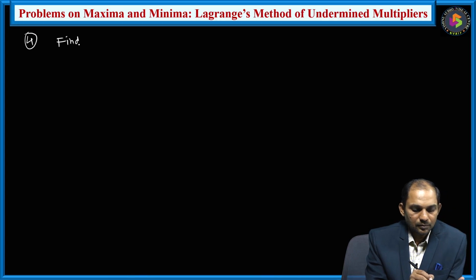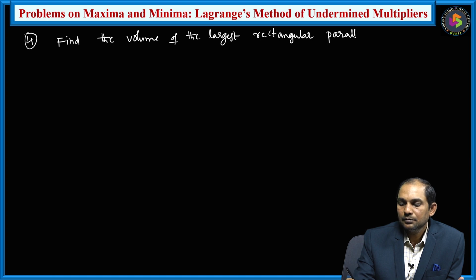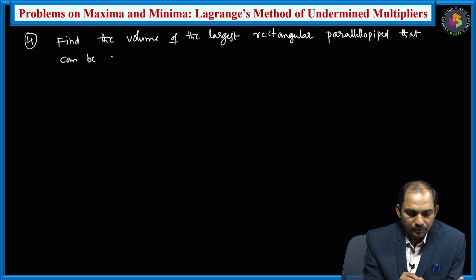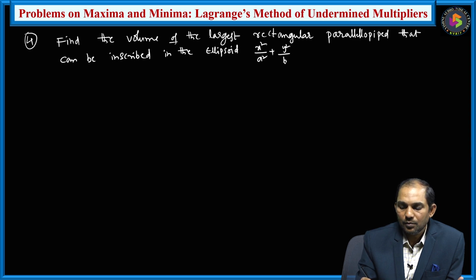Find the volume of the largest rectangular parallelepiped that can be inscribed in the ellipsoid given by x square by a square plus y square by b square plus z square by c square equal to 1.